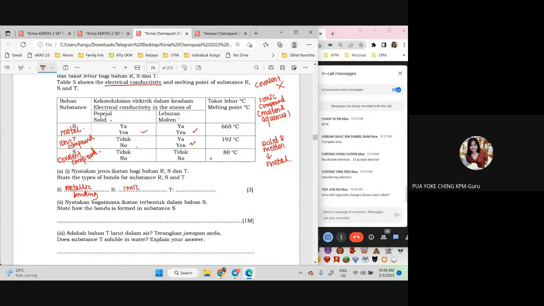Ionic bond. And this one will be your covalent bond. So state how the bond is formed. Ionic bond is by transferring of electrons.